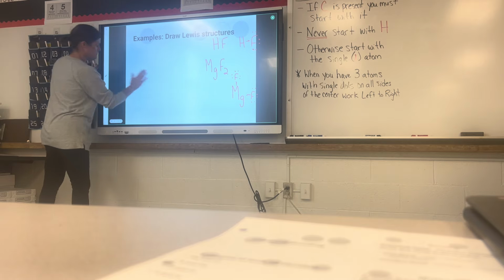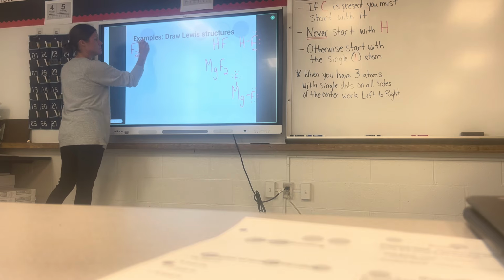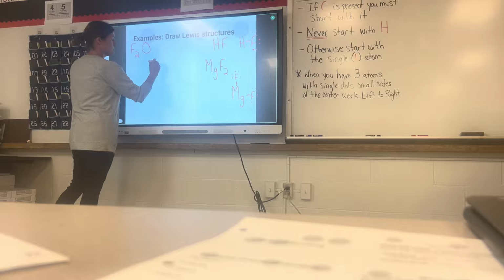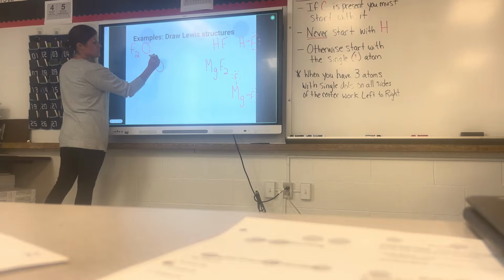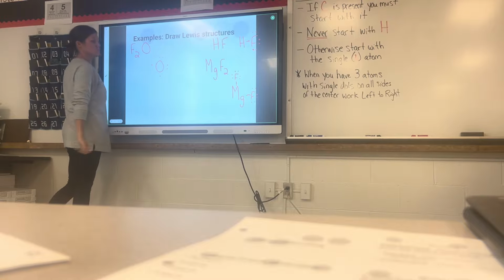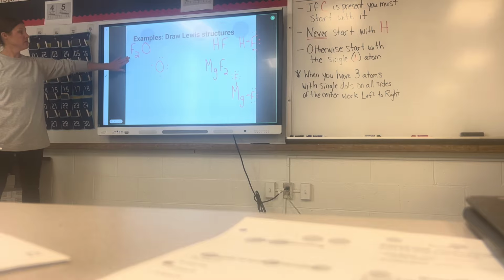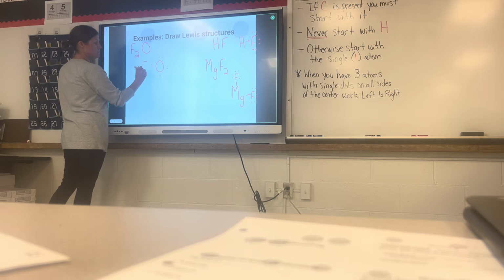Let's do another one together. Okay. What do I start with? The O. How many does O get? 6. So 1, 2, 3, 4, 5, 6. Okay. How many F's do you have? 2. Where do they go? On the left and bottom.